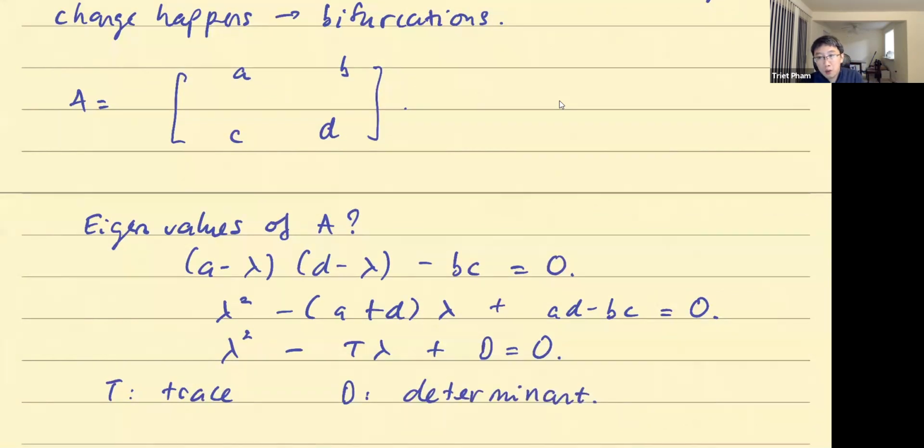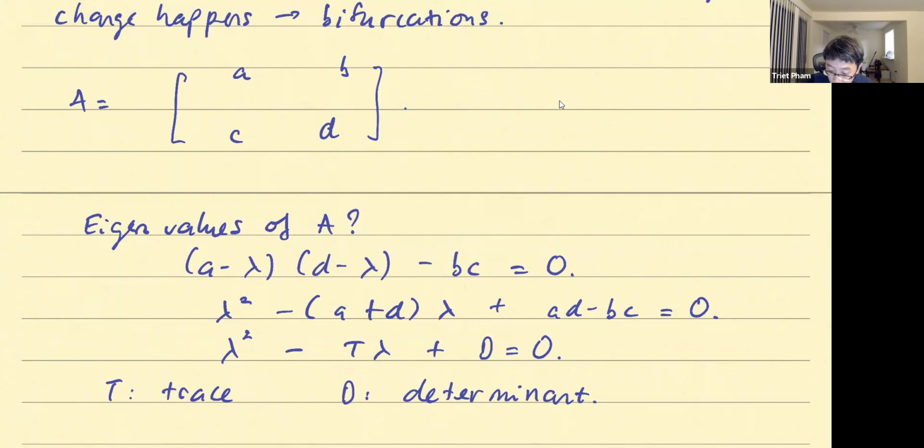So it's quite a cool structure when you think about it, that basically the quality of your eigenvalue in a 2 by 2 matrix gets completely determined by its trace and the determinant. By the way, trace is basically the sum of the diagonal terms.